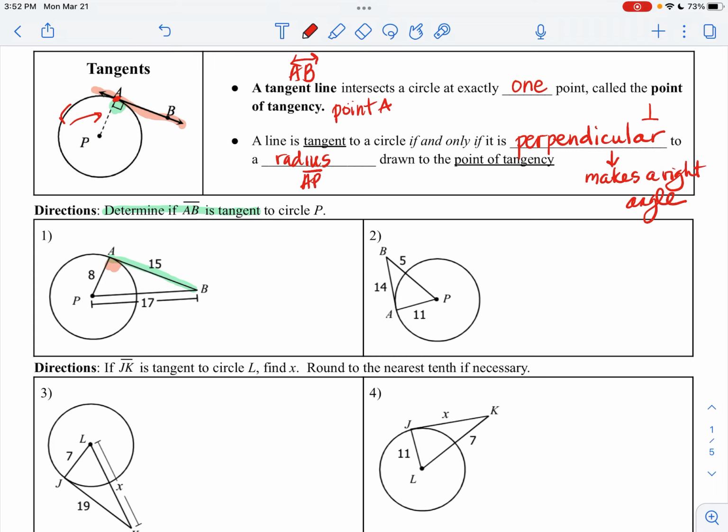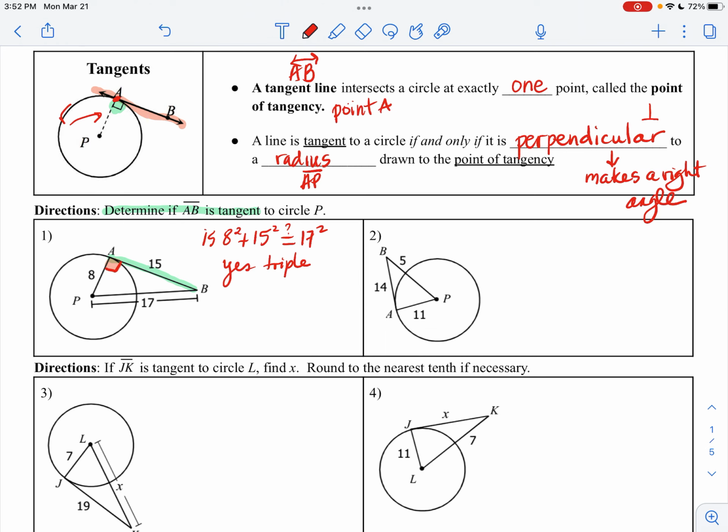So we would say, is 8 squared plus 15 squared equal to 17 squared? Well, yes, we don't even need to do the Pythagorean theorem because it is a triple. So that means that 17 is the hypotenuse and this is a right angle.